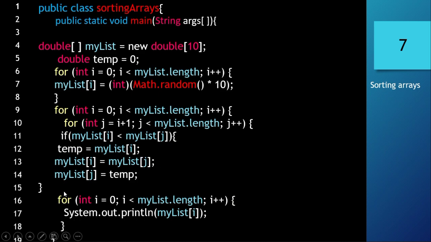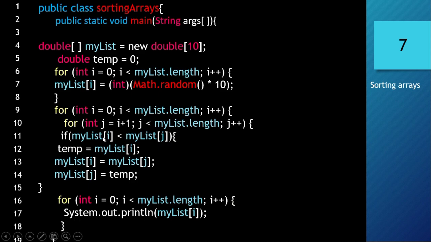And remember, I talked about the shuffling and the kind of swapping scenario here. So we have two nested loops, and then here we have int i is equal to 0, int j is equal to i plus 1. So meaning this guy is going to be one value greater than i. And then we say myList length and then j plus plus.